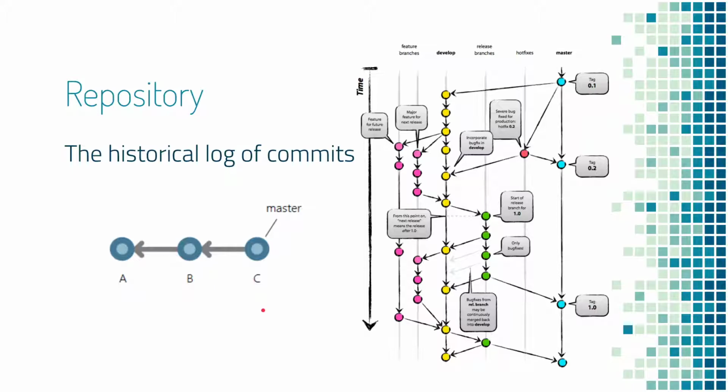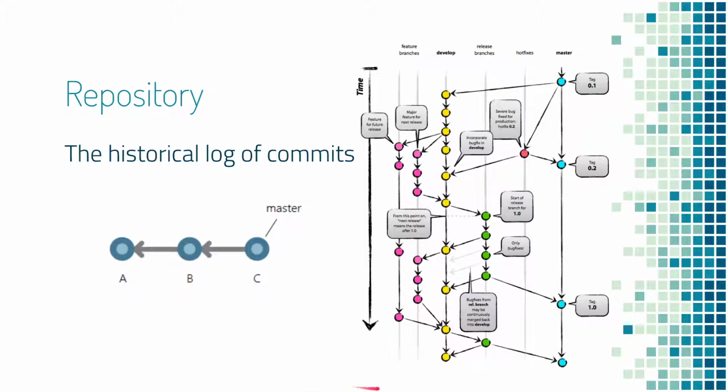So C would be your most recent change, the parent of C is B, and the parent of B is A. So you can layer all these on top of each other and figure out what did the code look like here, what did the code look like here, what did the code look like here. This is a very simple example of a repository.